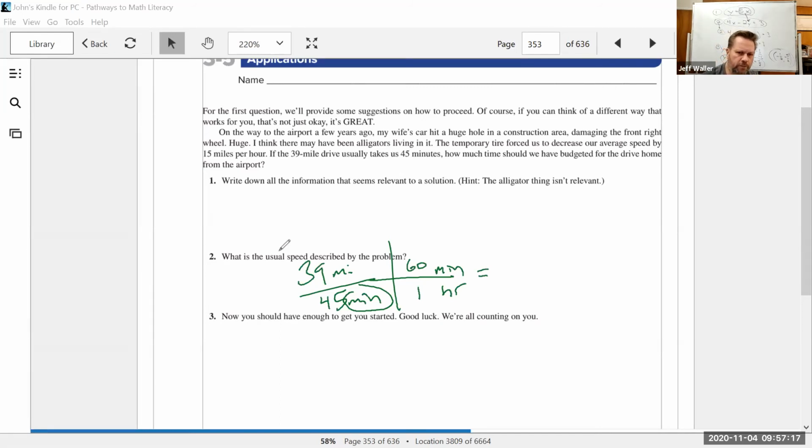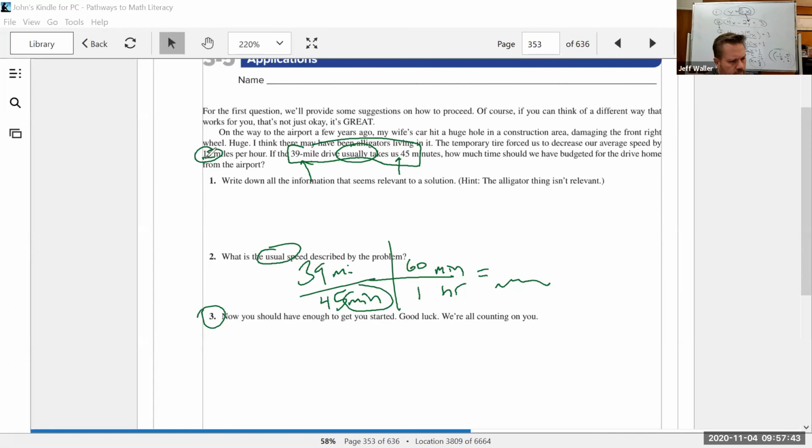So the usual speed has nothing to do with the 15. 15 is how it changed. Here's what they usually do: it usually takes 45 minutes to go 39 miles. But now they're going a little slower. So the first thing you do is take this speed and subtract 15.